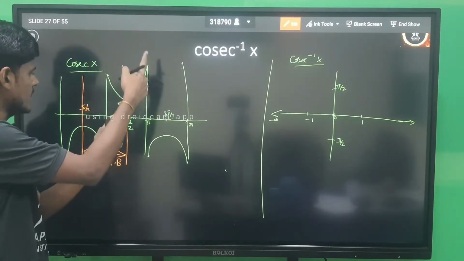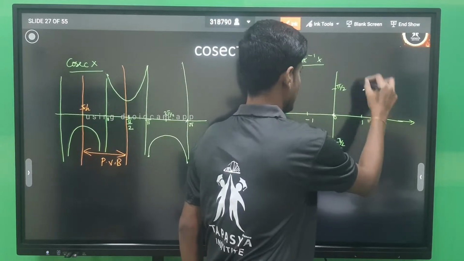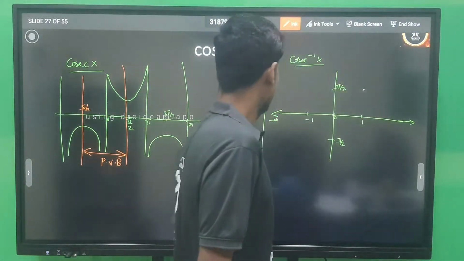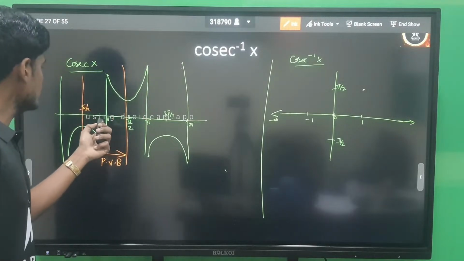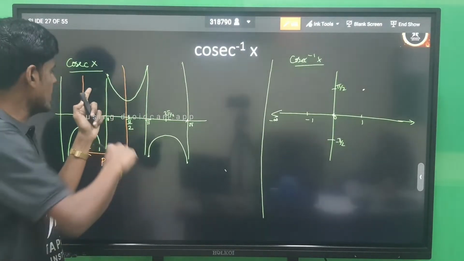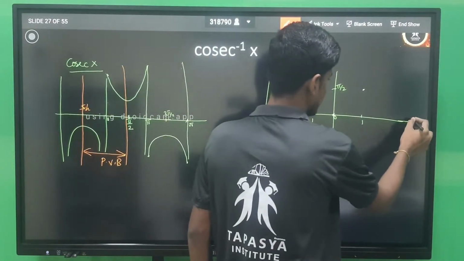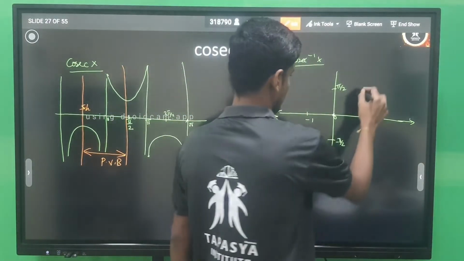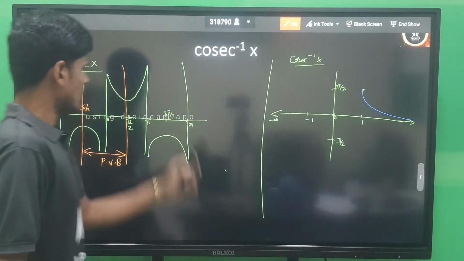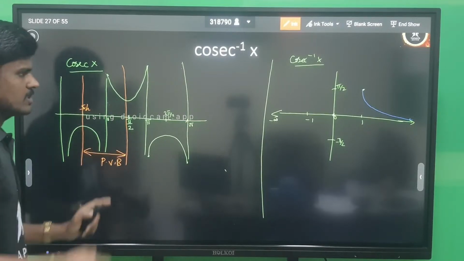So cosecant inverse of 1 will be 90 degrees. Then sin 0 is 0, cosecant 0 is infinity. So cosecant inverse of infinity is 0. So the graph is like this. Then what about the other value? Here minus infinity is also 0.